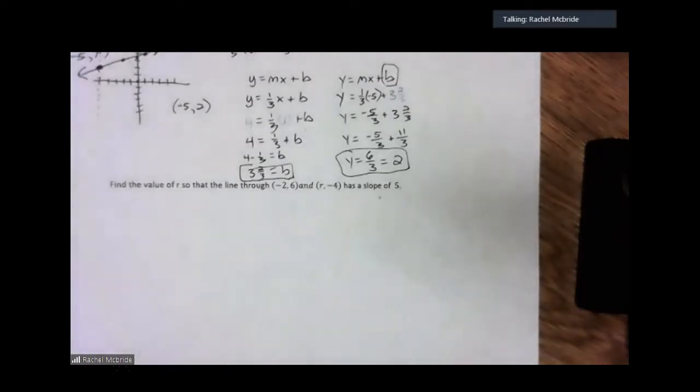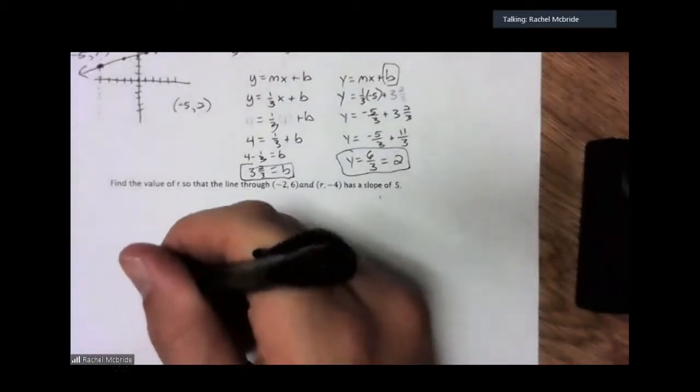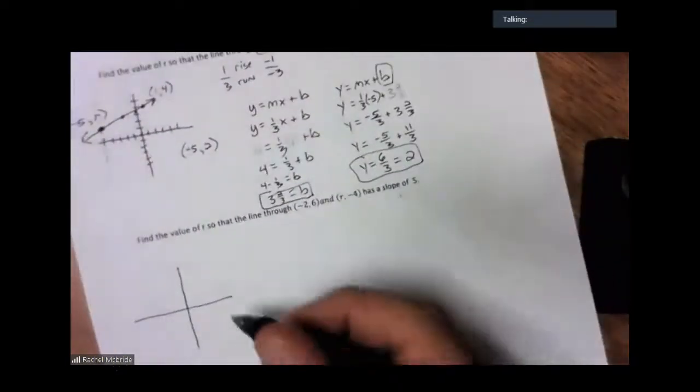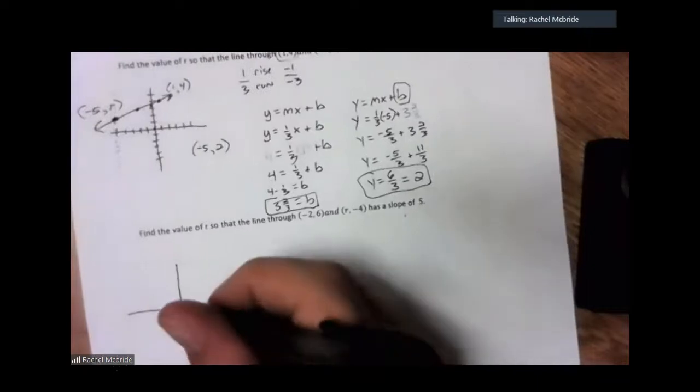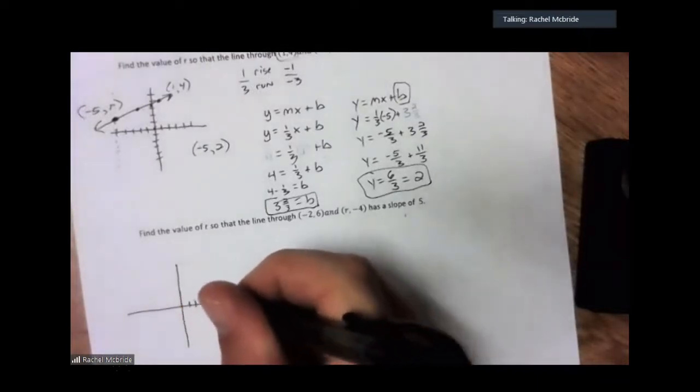Okay, so we can try to see what that does for us. All right. So once again, if I wanted to draw a quick graph, I can do that. I've got 6 and 4, so I want to have at least 6 places here.